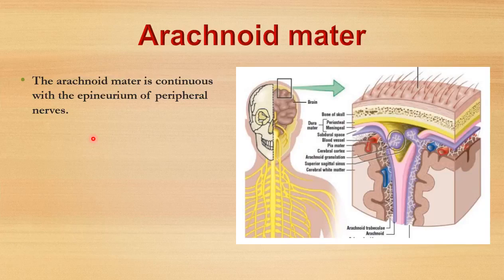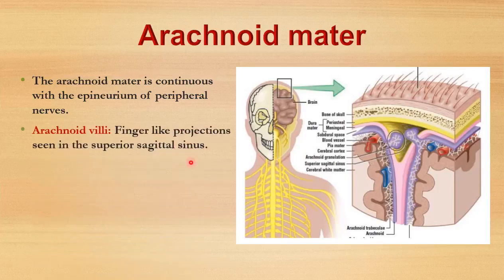Then the optic nerve deep to it is surrounded by the arachnoid mater. Because of that, any increase in the intracranial pressure, when there is a defect in the drainage or circulation of the CSF, is very much reflected in your eye. You will be able to see the papilledema, where the optic disc gets bulged out.